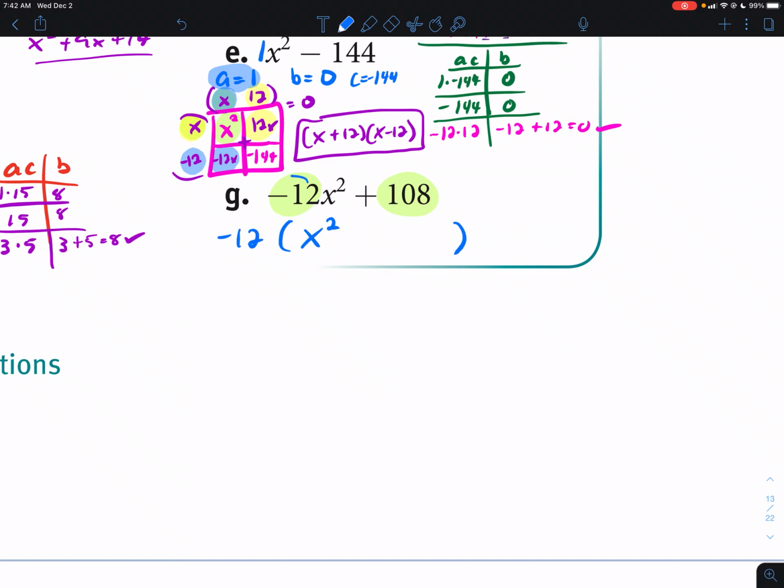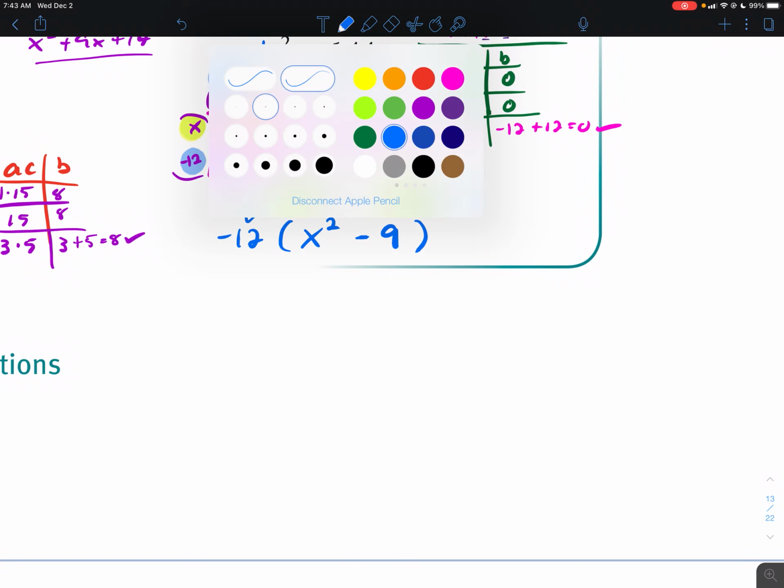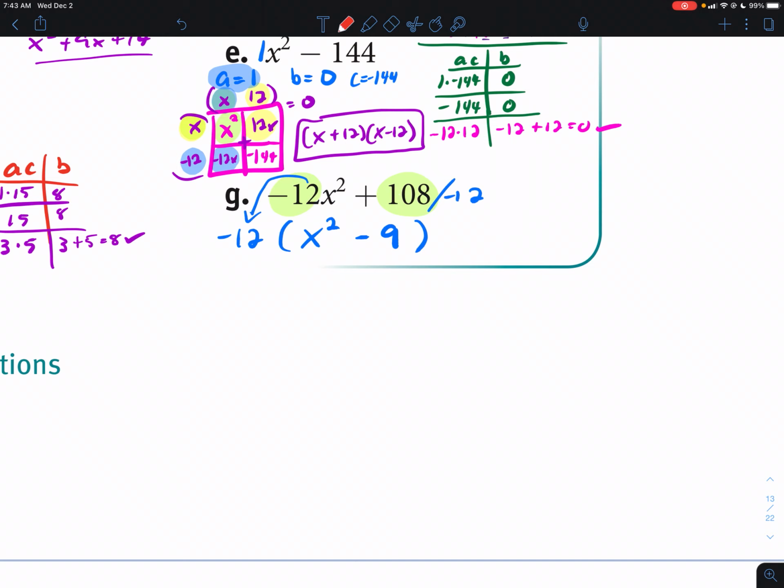I can take out a negative 12 from there. And then 108 divided by negative 12. Let's check that out. So that's going to be minus 9. So I was able to divide both of these guys by negative 12 to give us a simpler looking problem.